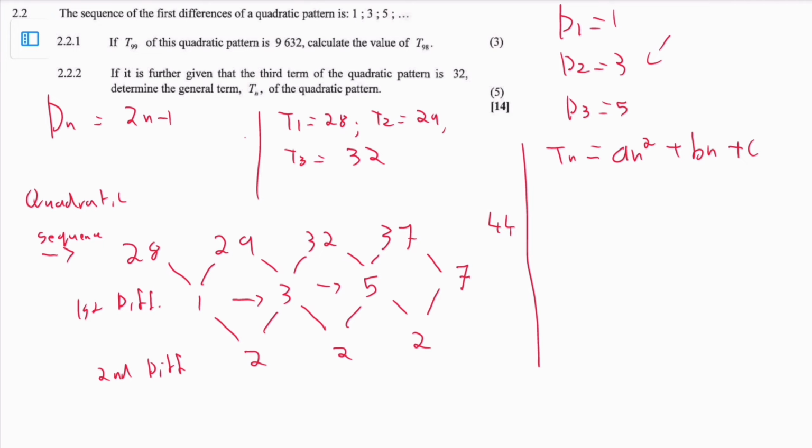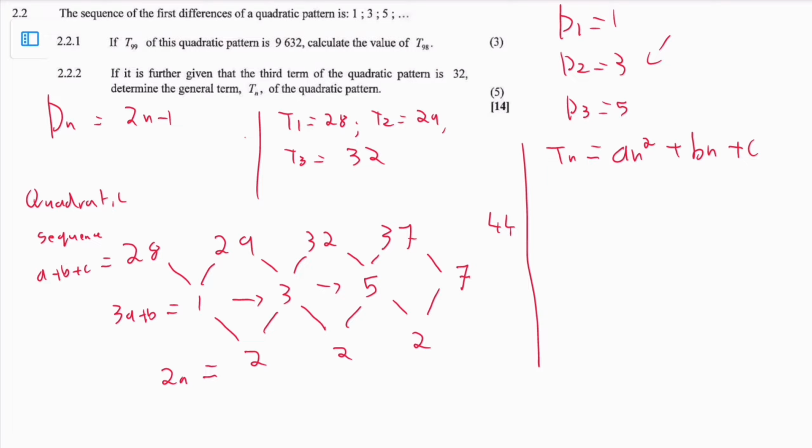The way that you go about determining it is by using a mathematical property of the quadratic sequence. So you would just say 2a is equal to 2, 3a plus b is equal to 1, and a plus b plus c is equal to 28.